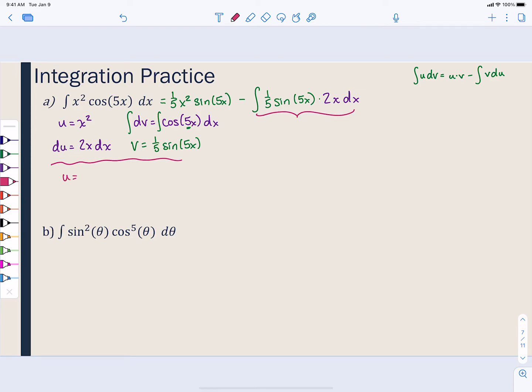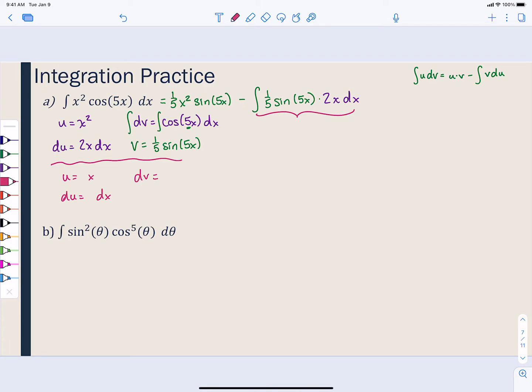And again, we're going to do a really similar setup, where we have u be that algebraic function. So then we're going to get du is equal to 2x dx. And then our dv is going to be, oh, actually, I forgot about that 1/5 there.